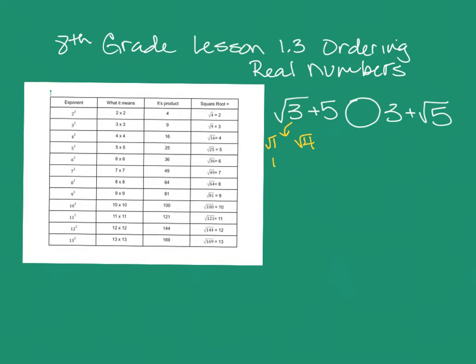And the square root of 4 is 2, because 2 times 2 is 4. So I know that the square root of 3 falls somewhere in between 1 and 2. So like 1.2, 1.3, 1.4. Let's just call it 1.5, right in the middle. And then, of course, we bring down this 5.